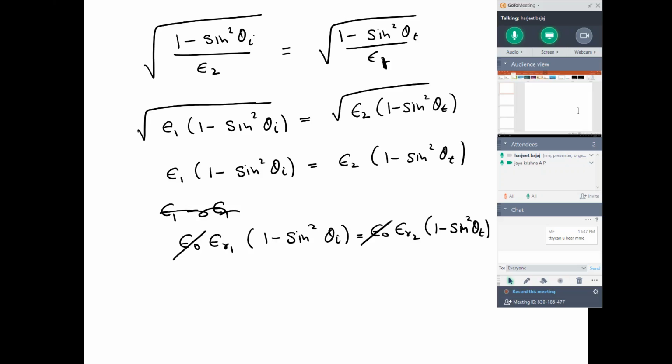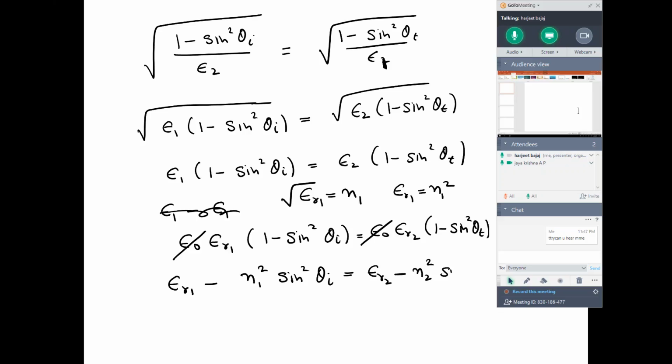This cancels out. I have εᵣ₁ minus εᵣ₁ again. Remember, square root of εᵣ₁ is n₁, the refractive index in medium 1. So εᵣ₁ is n₁². So I get εᵣ₁ minus n₁² sin² θᵢ is equal to εᵣ₂ minus n₂² sin² θₜ.